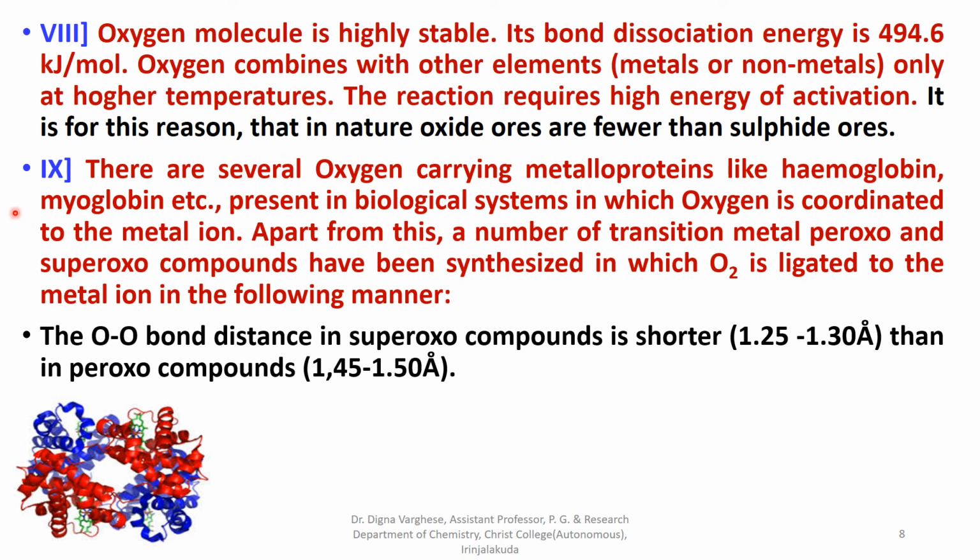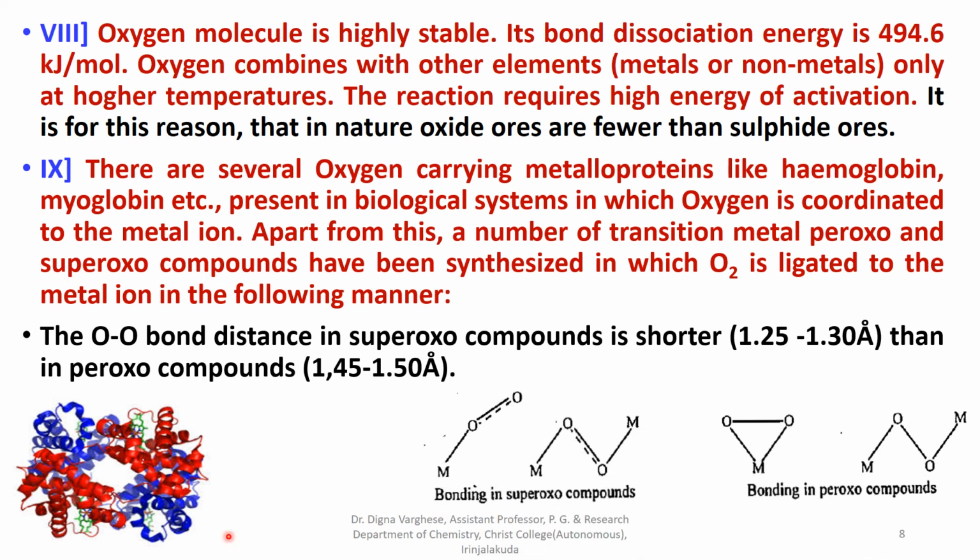There are several oxygen carrying metalloproteins like hemoglobin, myoglobin, etc. present in biological systems in which oxygen is coordinated to the metal ion. Apart from this, a number of transition metal peroxo and superoxo compounds have been synthesized in which oxygen is ligated to the metal ion in this manner.